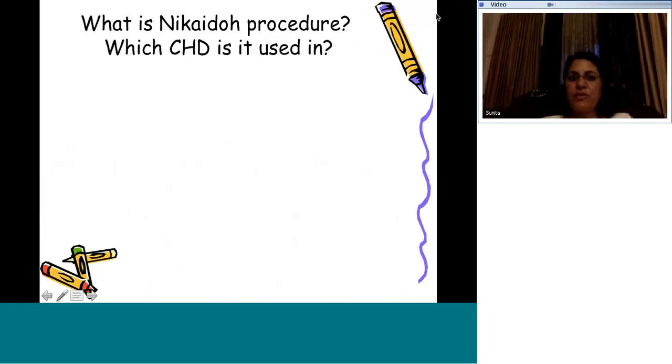Okay, what is Nikaidoh procedure and which CHD is it used in? So if you go back to this picture here, right?